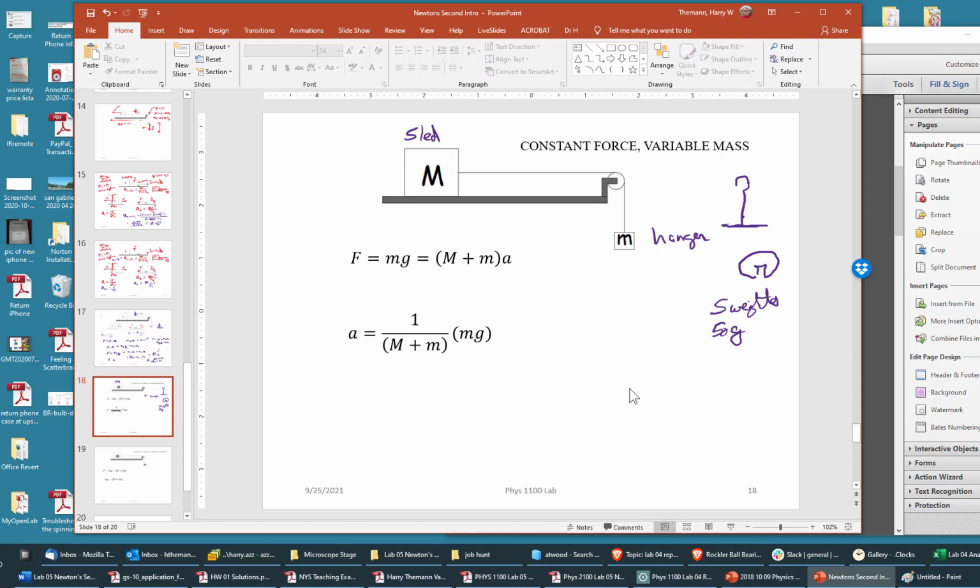So constant force, variable mass. That means that we're going to put some mass on the hanger, little m, and that's going to stay constant. And then for each, say we take four runs, and each run will have a different capital M. So let's say we put M here, little m, let's say for the sake of argument, is 1 weight.